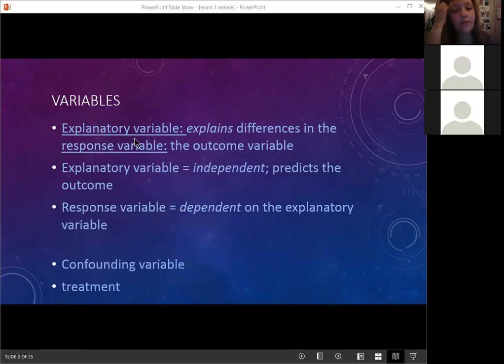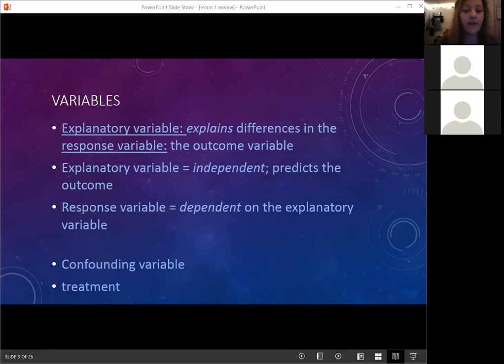And then remember, confounding variables are another type of variable that we want to watch out for. It's a variable related to the other variables in the study, but it's not something that we're actually looking for. It can skew our results and make them unrepresentative, so that's important to look at.